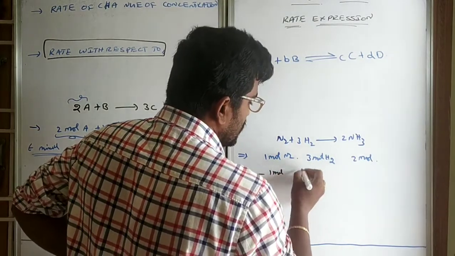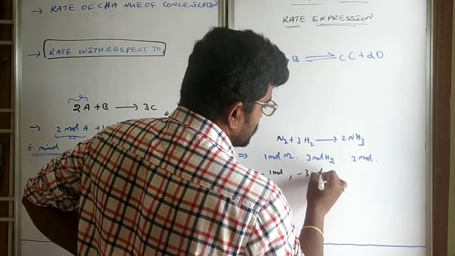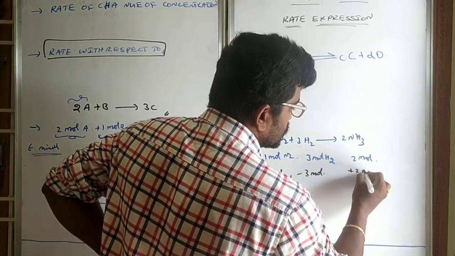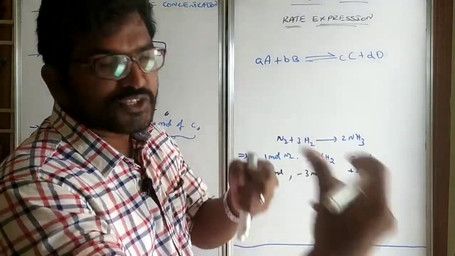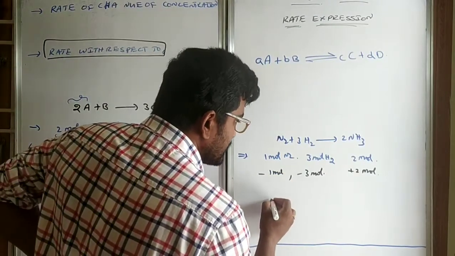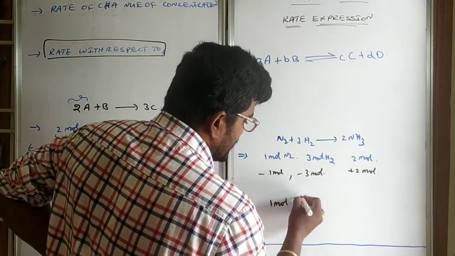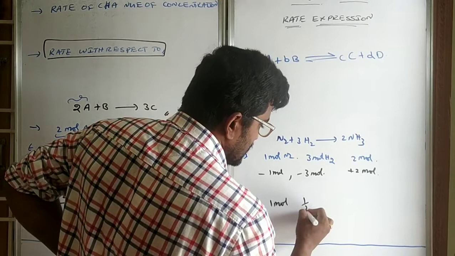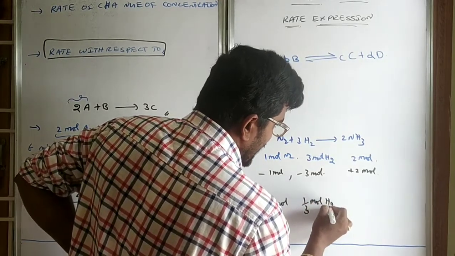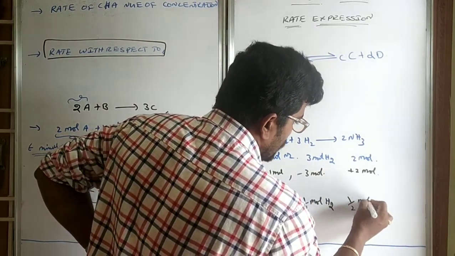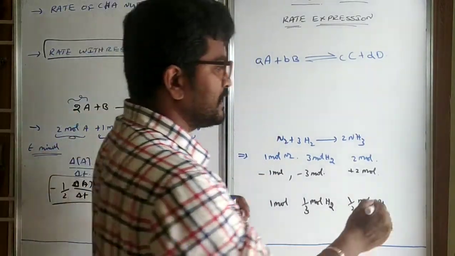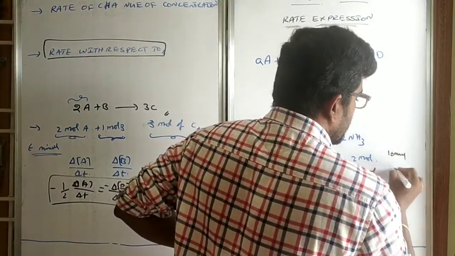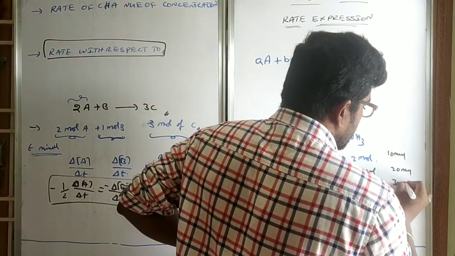Minus 1 mole is changed, minus 3 moles is changed and 2 moles increased. What about the change with respect to? Here you see 1 mole of nitrogen reacts with 1 by 3 moles of hydrogen to produce 1 by 2 moles of ammonia, at a particular time interval of 10, 20 or 30 minutes.